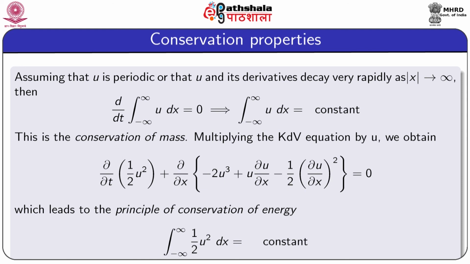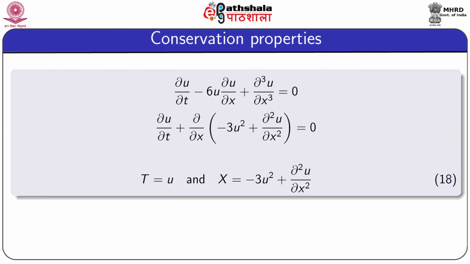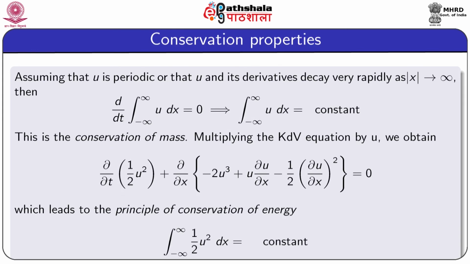Now, to get another integral of motion, we multiply the KdV equation, that means the first equation of this slide, by u. Then we can write the terms in this way as del t of half u square plus del x of minus 2 u cube plus u del u by del x minus half del u by del x whole square equals 0.